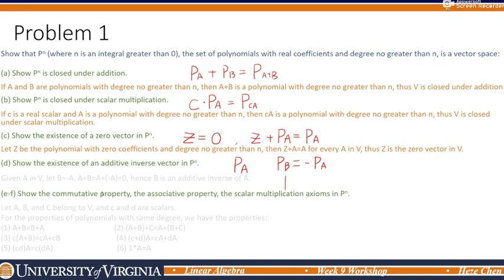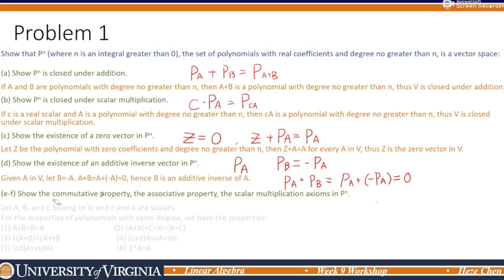Then Pa plus Pb will be equal to Pa plus negative Pa, which is obviously equal to 0. Hence, B is an additive inverse of A.